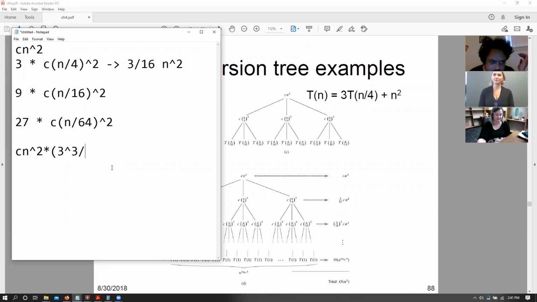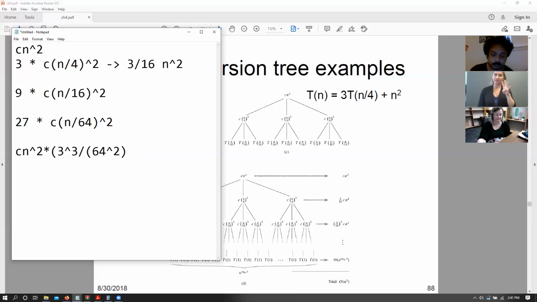Can someone tell me what I am missing here? Why should it be 16 cubed? What did I do wrong? Let me look into it. Right. It is 64 squared. Oh my. Okay, so this is my bad. So this is 64 squared.